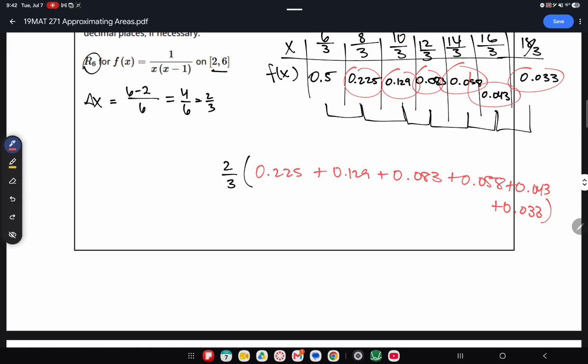Let's see what we get. 0.225 plus 0.129 plus 0.083 plus 0.058 and 0.043 and 0.033, and then we'll times that by 2/3, and I get about 0.381 when rounded.